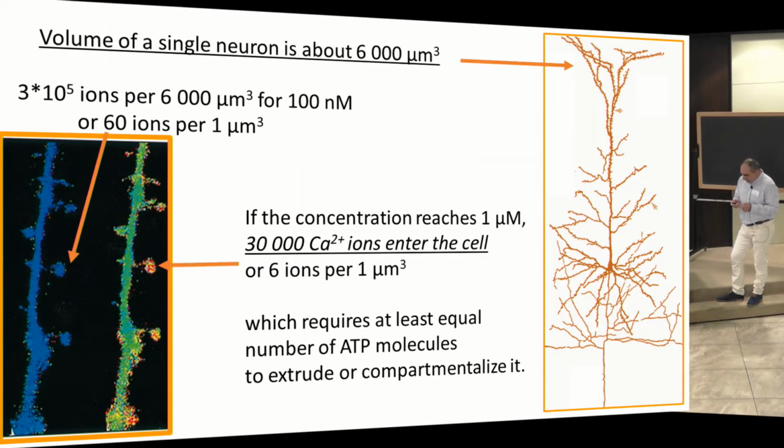So if we go to numbers, these are the only numbers I know as a biologist. The approximate volume of a small neuron is about 6,000 cubic micrometers, and 100 nanomolar of calcium is about 1 million calcium ions in total.